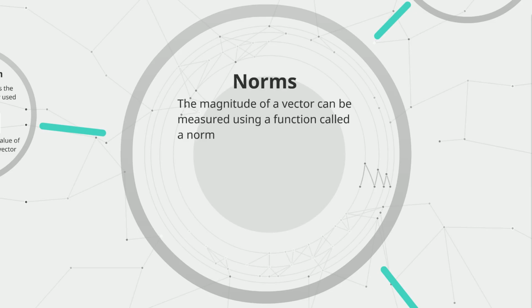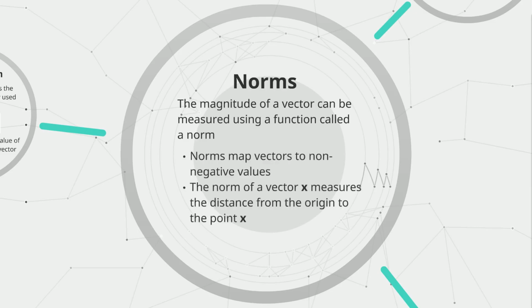All right, so that's a little bit about the why. Now, what exactly are norms? Well, norms map vectors to non-negative values, so we're going to get positive results out. Intuitively, you can think about the norm of a vector x as measuring the distance from the origin, 0, 0, to the point x. And this doesn't have to be just one-dimensional or two-dimensional.